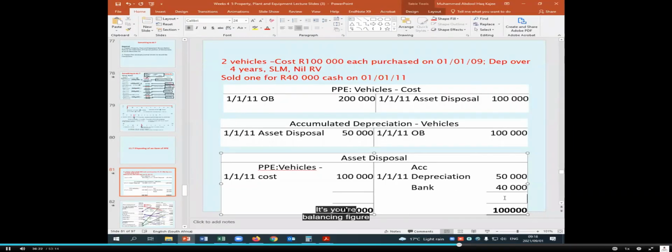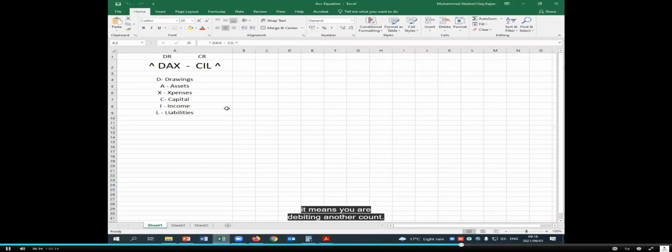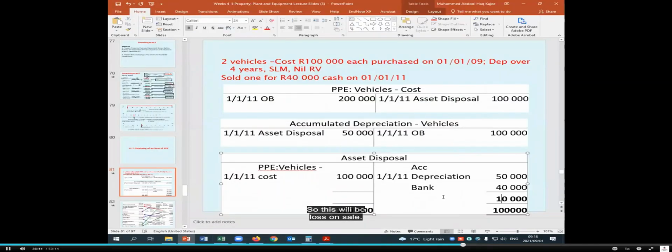You take it to the side, and your balancing figure is your 10,000. If you're crediting asset disposal with 10,000, it means you are debiting another account. If you're debiting, is it an expense or an income? It's obviously expense. So this will be loss on sale.